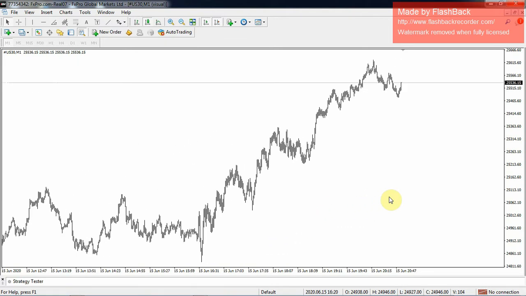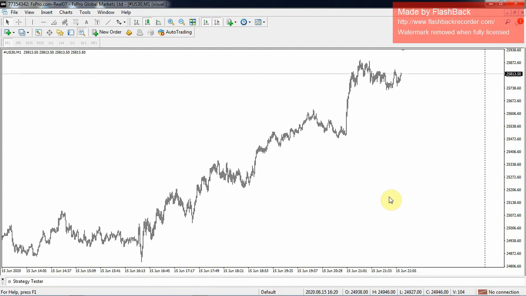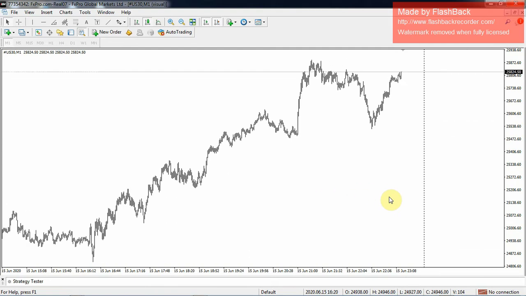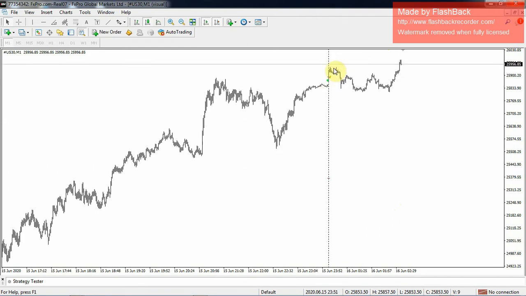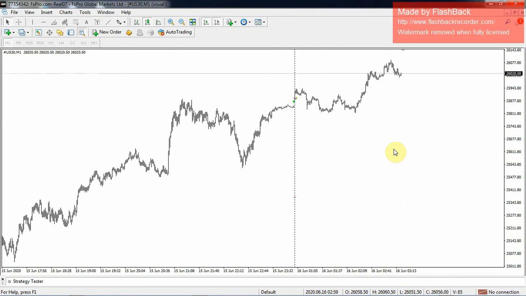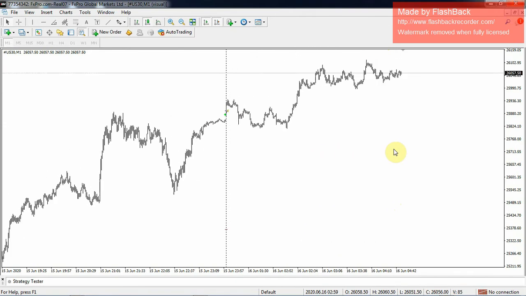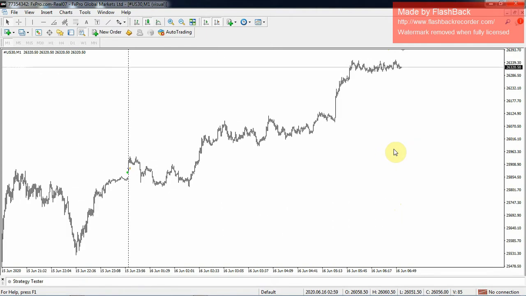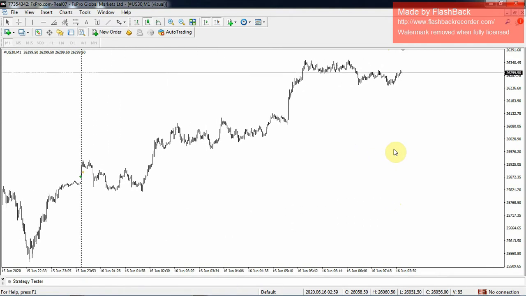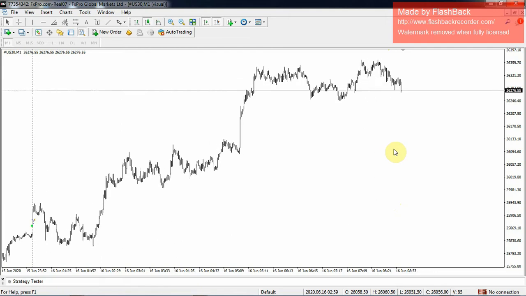The difference between this one and the currency robot is that for this one we are taking both sells and buys. That's a buy trade there. As you can see, that's a buy trade. So we are taking both buys and sells with this guy, and it's super consistent.